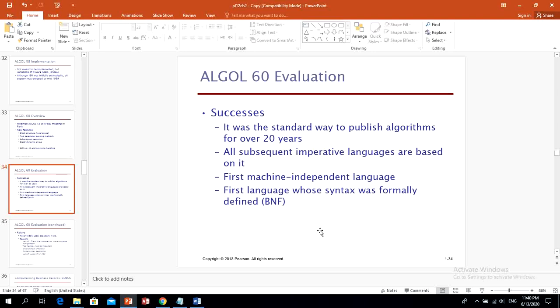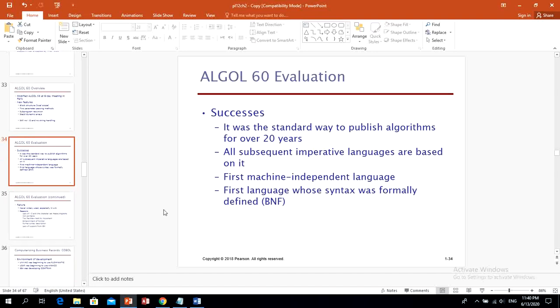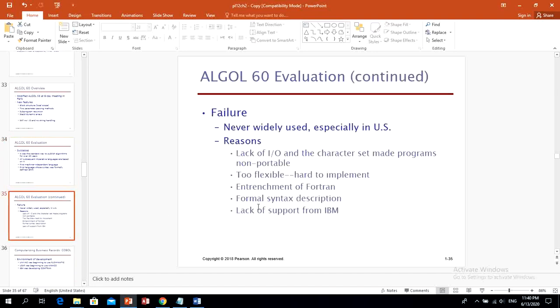Independent means the language can be installed on many different machines. Its syntax was also formally defined in BNF; it was the first language whose syntax was defined in Backus-Naur form, as we will explain in chapter 3.